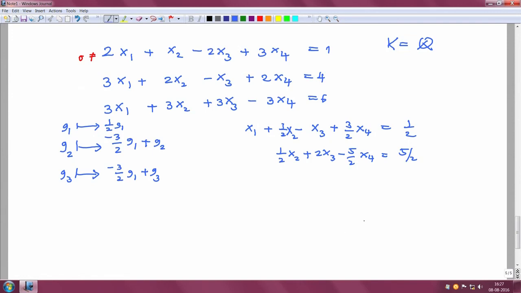The third one similarly will be 3 by 2 x2 plus 6 x3 minus 15 by 2 x4 equal to, okay, let me do this.